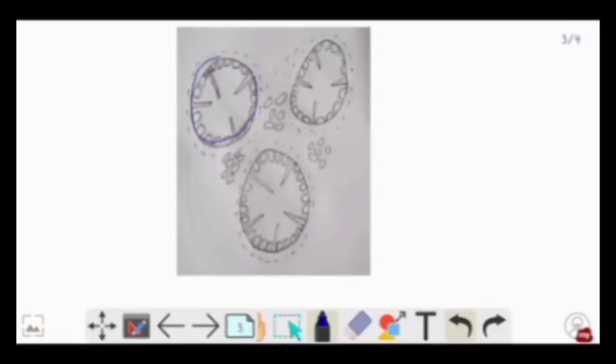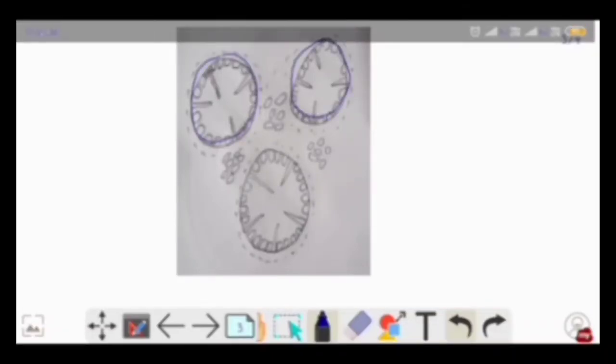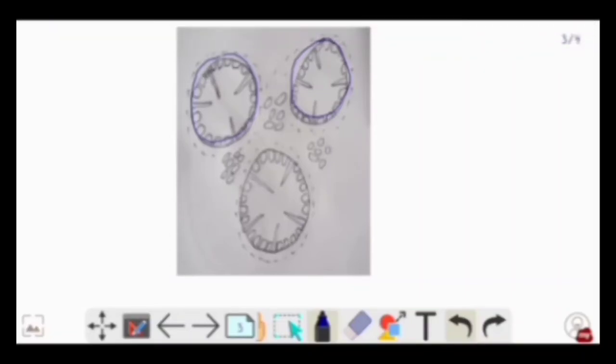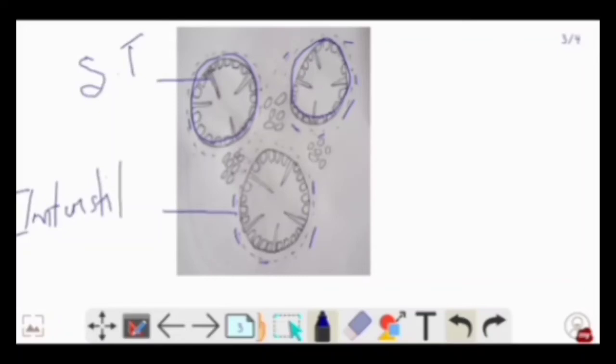All of these seminiferous tubules are covered by connective tissue, and this connective tissue is known as interstitial tissue.